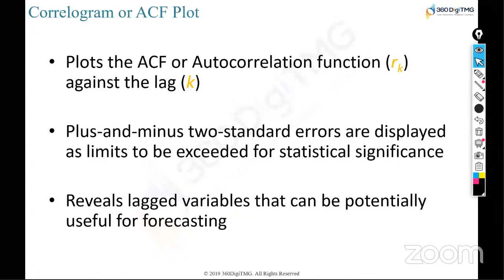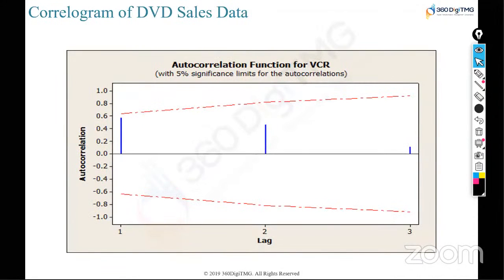For some correlation coefficient value at lag 1, what is the confidence interval? Similarly, for lag 2, if I have some correlation coefficient, what is the confidence interval? Like that, when I plot it, this is what it looks like.